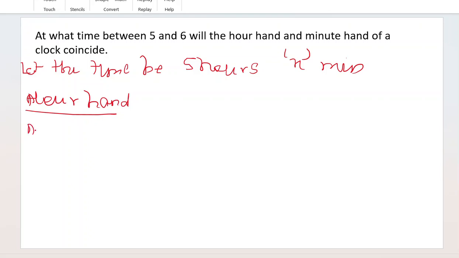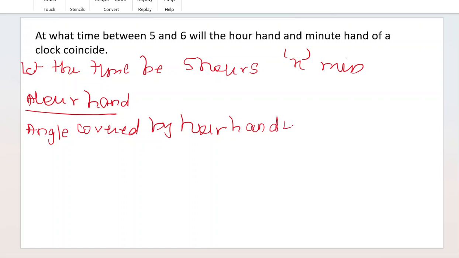Therefore, I take the angle covered by the hour hand. Now I'll say 5 hours, because my time is 5 hours x minutes. This I take the number 30 degree, I multiply it by 5, I get 150 degree. Now again for the hour hand I have to do the calculation with respect to the minutes.